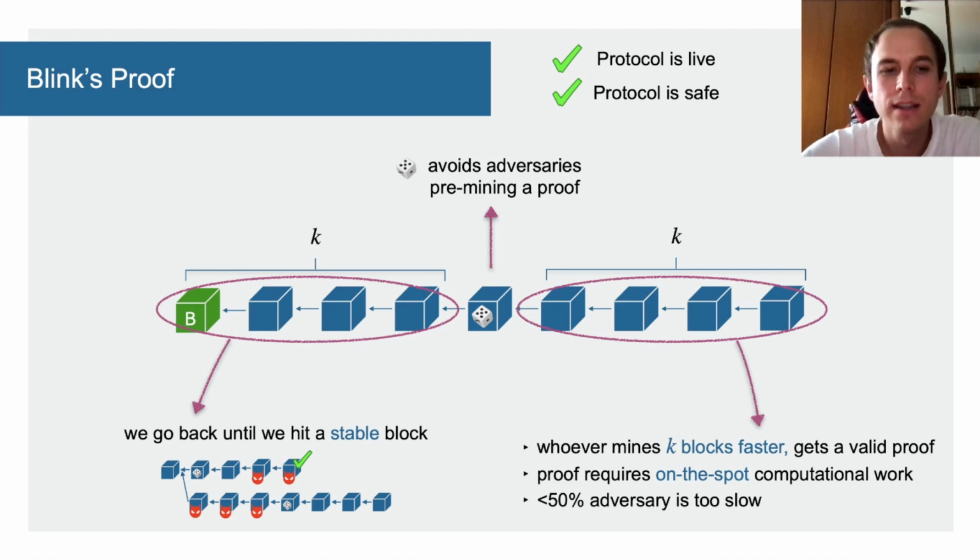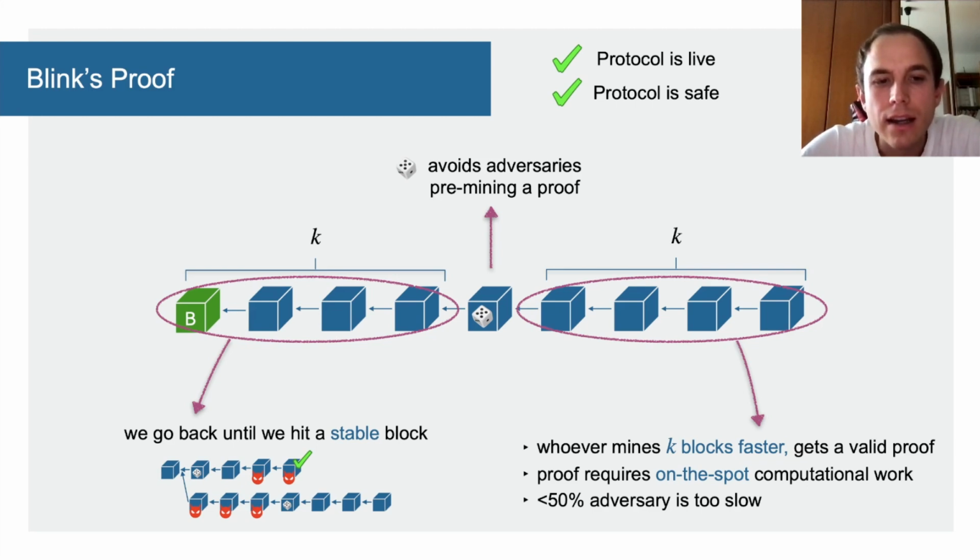If you consider the attack from before, where the adversary was mining on top of the abandoned chain of the honest users, we would be fine, because the honest users had previously extended something that was part of the honest longest chain.